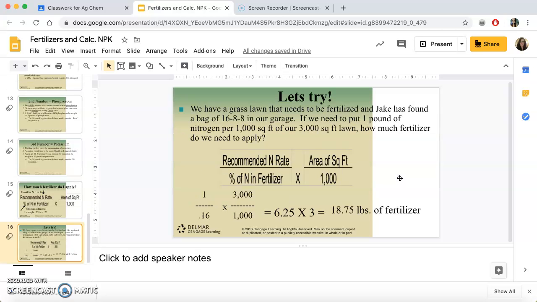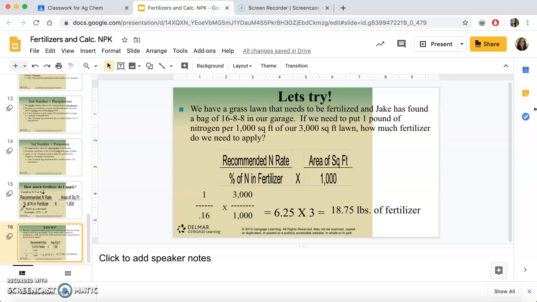So let's try it. We have a grass lawn that needs to be fertilized, and Jake has found a bag of 16-8-8 in our garage. If we need to put 1 pound of nitrogen per 1,000 square feet on our 3,000 square foot lawn, how much fertilizer do we need to apply?